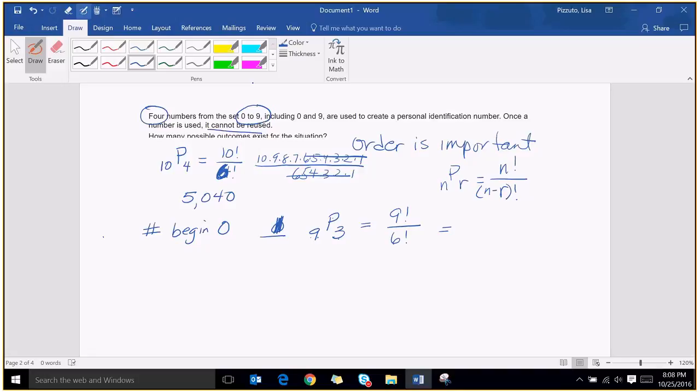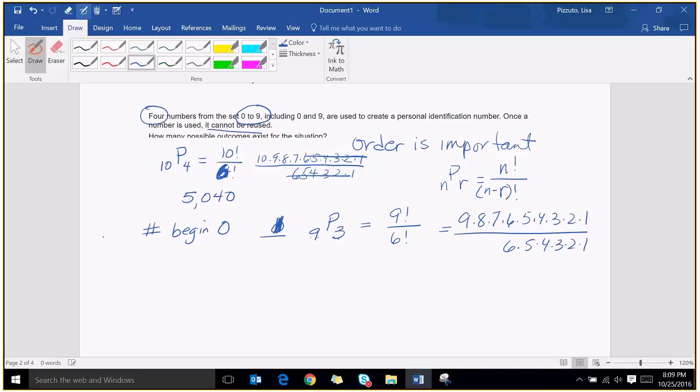9 times 8 times 7 times 6 times 5. Oh gosh, I got order of operations wrong. You should really write it out because it's just 9 times 8 times 7 times 6 times 5 times 4 times 3 times 2 times 1 divided by 6 times 5 times 4 times 3 times 2 times 1.